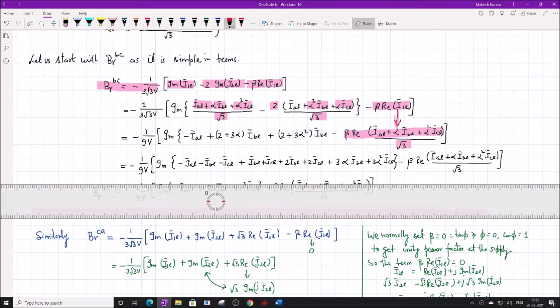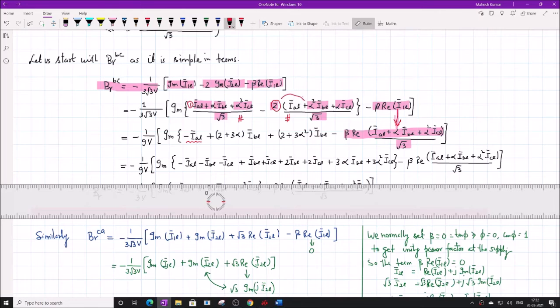Now we can collect the coefficients of IAL, IBL, ICL in this and this. For IAL, this is 1 here and this is minus 2, and this is 1 here, so it becomes minus IAL. Here it is alpha, and here minus 2 alpha square.